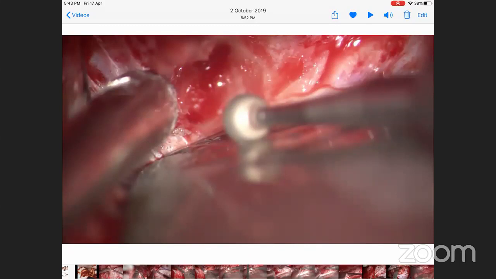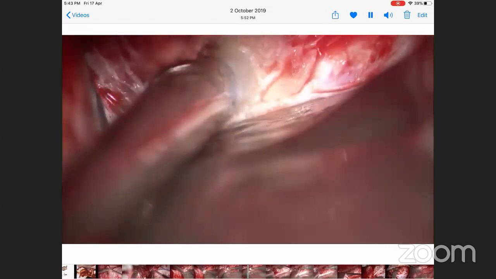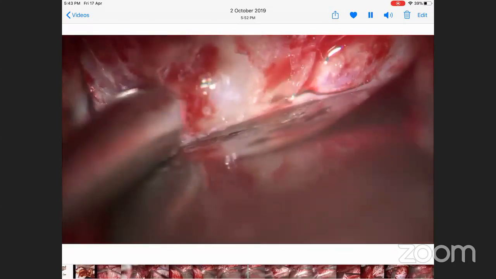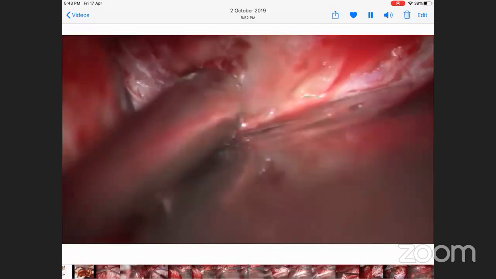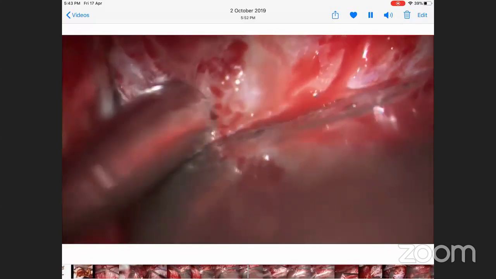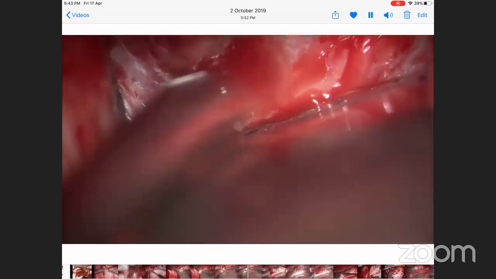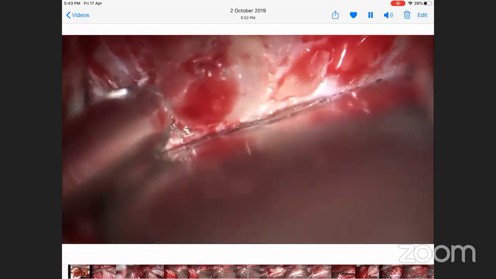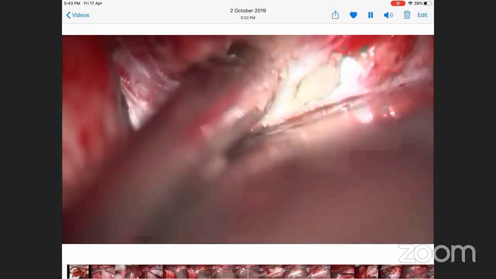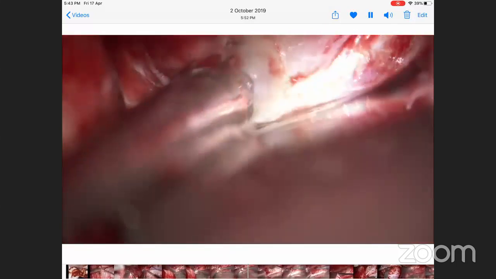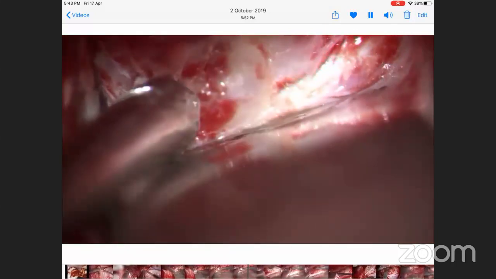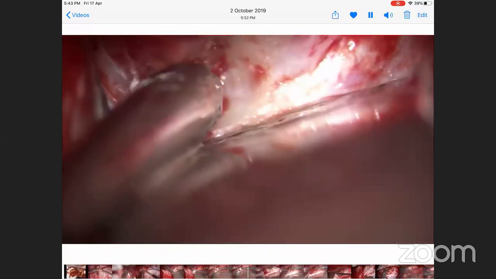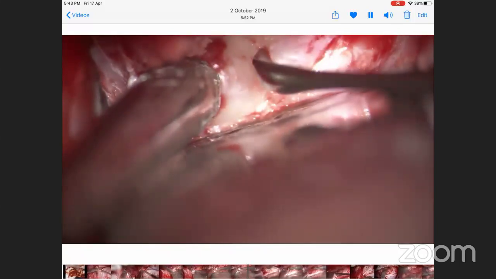Okay, now I'm going to go ahead with this. I'm going to thin down the bone furthermore. You can see on the right side of the field, the optic nerve roof is completely exposed. You can see the blue lining. The clinoid is completely thinned out. But I'm not going to mobilize that thinned out clinoid unless I see that it is a clinoid.